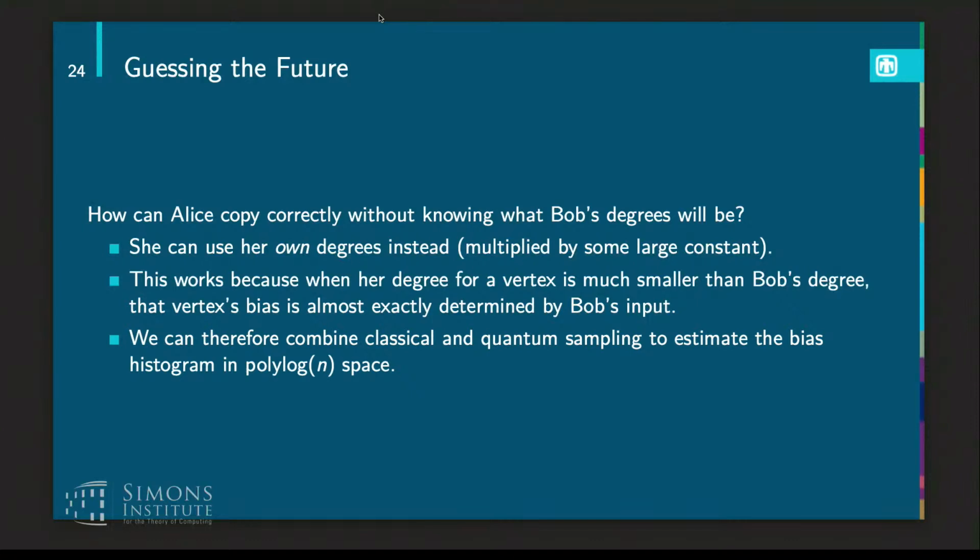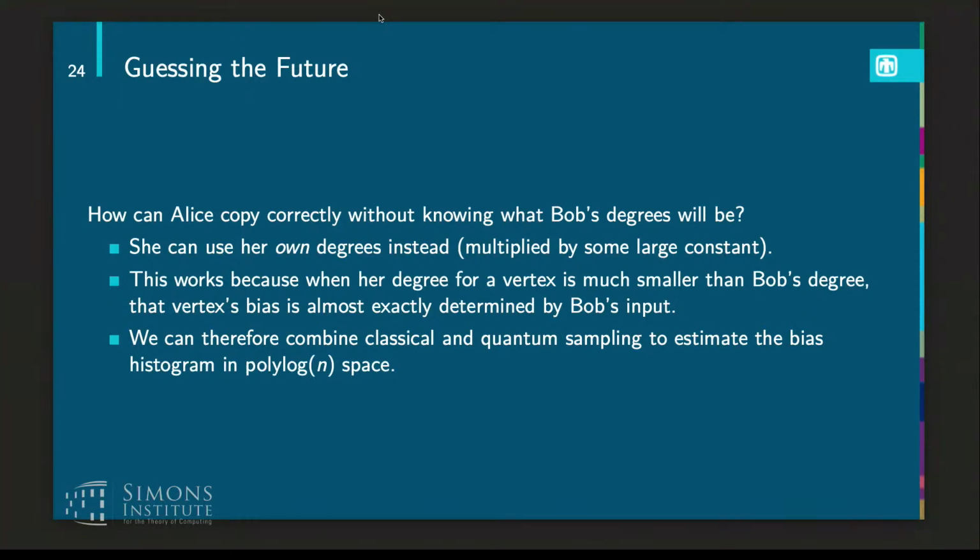So what that means then is you can combine a classical sampling approach that handles all of the cases that this quantum protocol is not useful for, with this quantum sampling protocol to solve this 2-player bias histogram estimation problem in only polylog of n space.